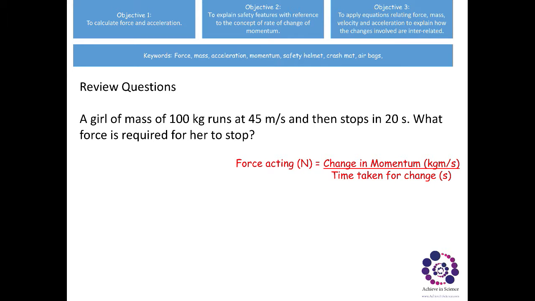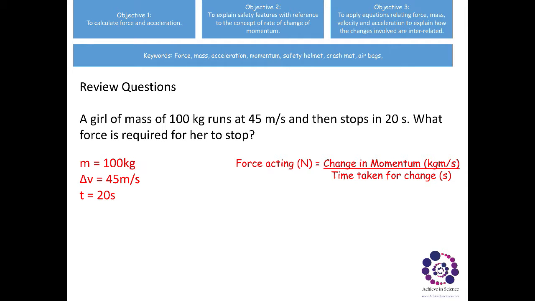A good routine is to write out what you know from the question. You know the mass is 100 kilograms. You know the velocity changes from 45 to 0 because she comes to a stop, so the change in velocity is 45 meters per second. The symbol for change is a triangle. Finally, you know the time taken for the change was 20 seconds.